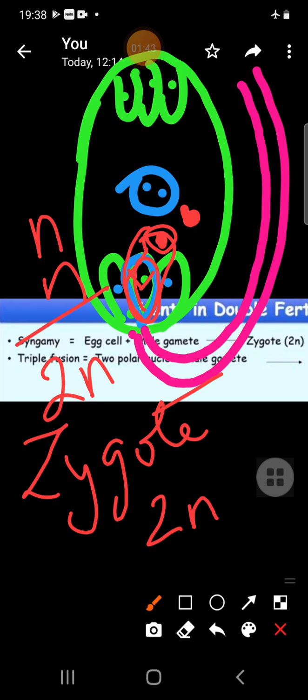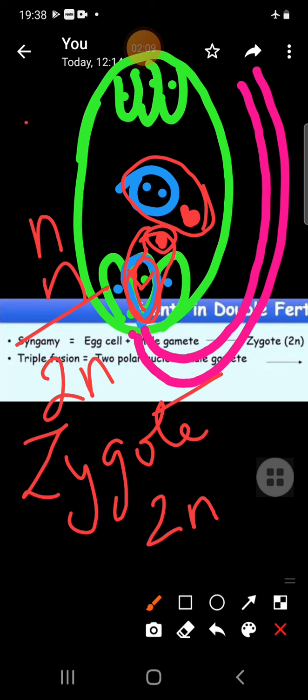And the second male gamete will fuse with the secondary nucleus, or you call it the diploid region. You must have learned it as polar nuclei also, so don't confuse yourself, polar nuclei and secondary nucleus. तो जो secondary nucleus है उसके साथ जो second male gamete है वो fuse करेगा.